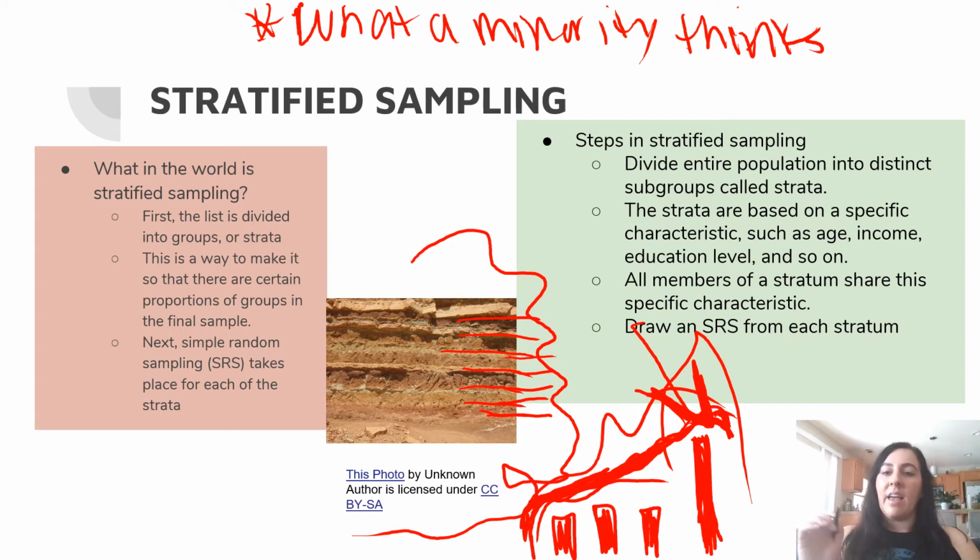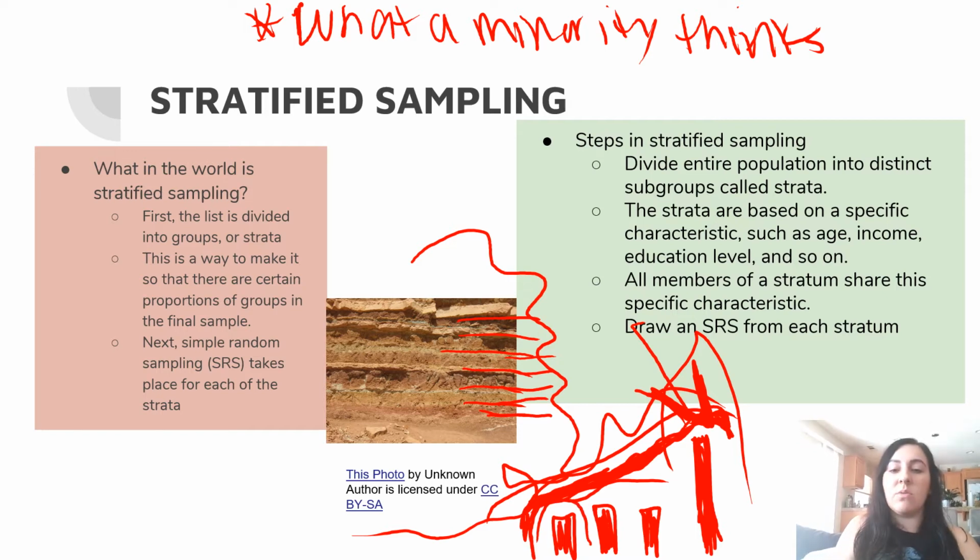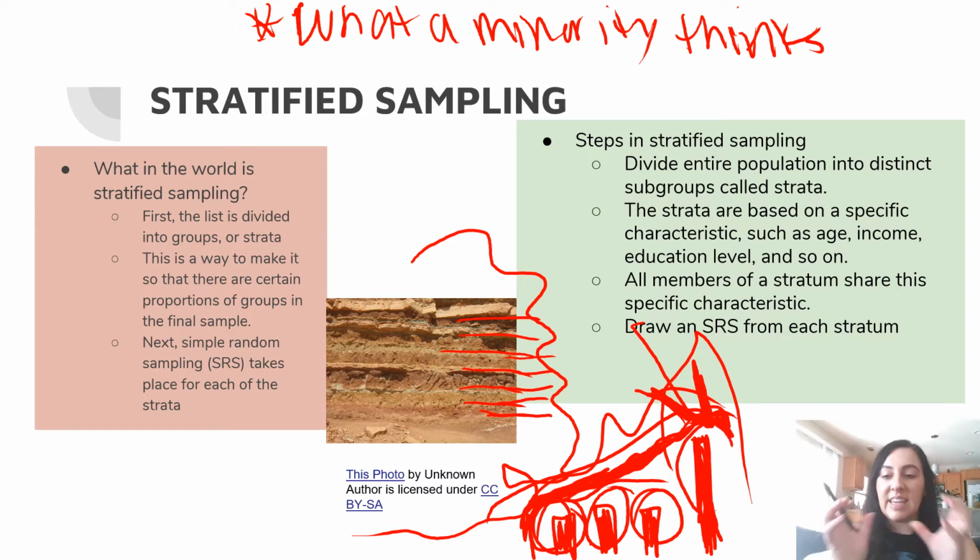All right, and then all members of a stratum, the individual categories, should share this specific characteristic. So everyone that you're studying within this stratum, they all have to share unique characteristics.